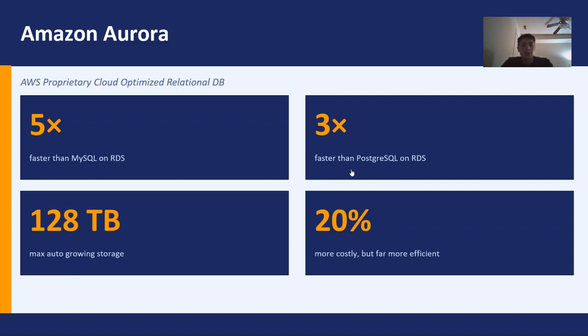The storage grows automatically in 10 gigabyte increments up to a maximum of 128 terabytes, so you don't have to worry about running out of space. The cost is roughly 20% higher than standard RDS, but the performance and efficiency gains typically justify that difference in production workloads.